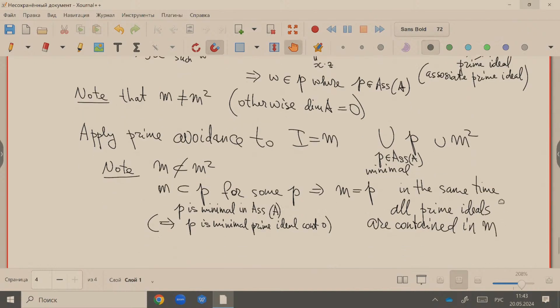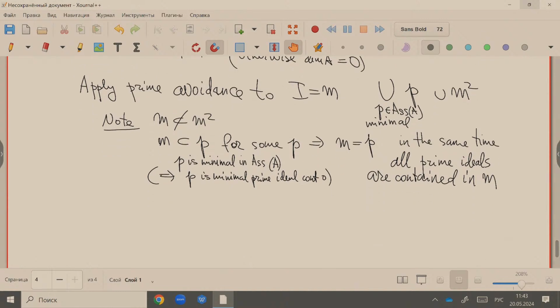Yeah, because M is maximal, so all ideals are contained in M. And P was minimal, so between 0 and M, and P there are no ideals.